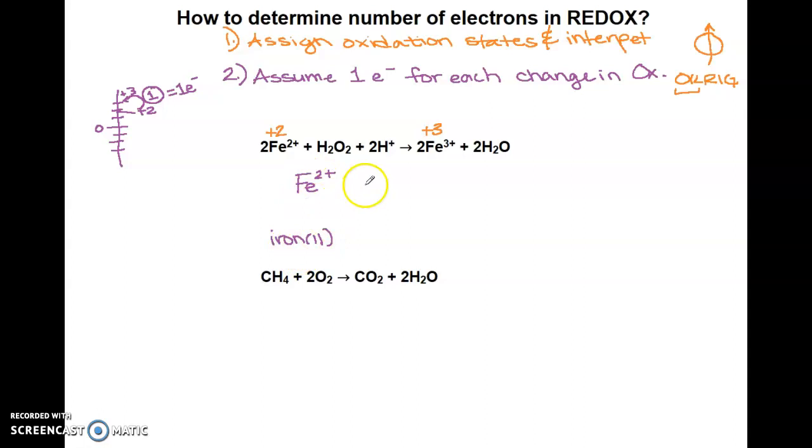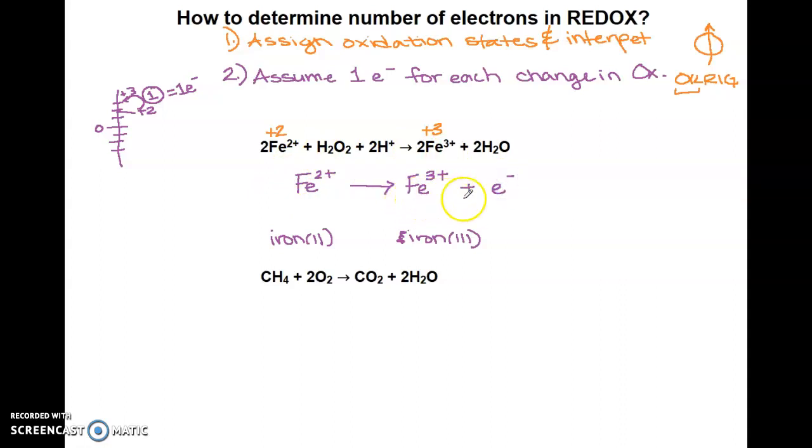It tells us its charge. Iron 2+ becomes iron 3+ through the loss, and this is always a funny one. We don't say minus an electron. We say plus an electron through the loss of an electron.